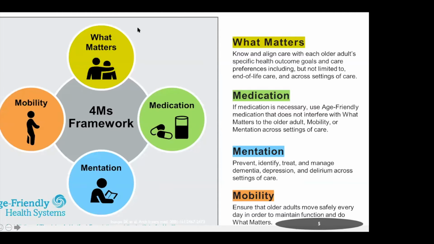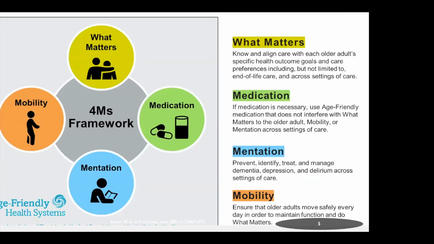And by that, I mean, do you follow this framework of what matters to the older adult, medications, mentation, which would mean identifying and treating dementia, delirium, and depression, and lastly, mobility. So we are going to come back to this, but again, this is the 4 M's framework that I really want to advance. Wherever I speak now, I talk about this. And so I'll be asking you a question at the very end.